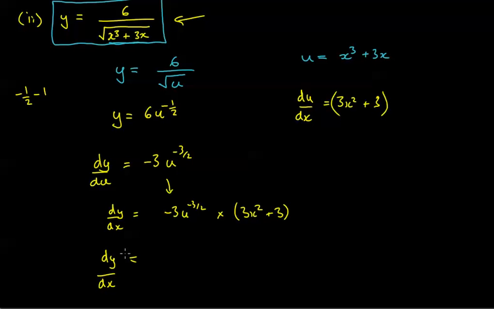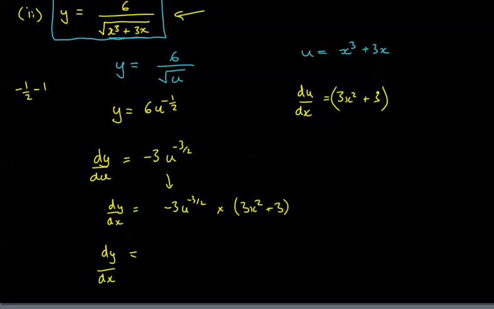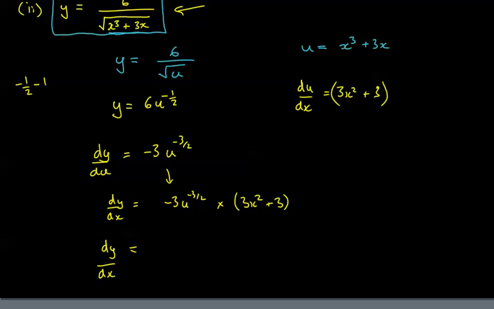Now I'm just going to reorder this because you can, and it doesn't really look neat as it is. So I'm going to do minus 3, bracket 3x squared plus 3. You can do this because it's just a string of multiplications. It's minus 3 times u to the power minus 3 over 2 times this bracket.